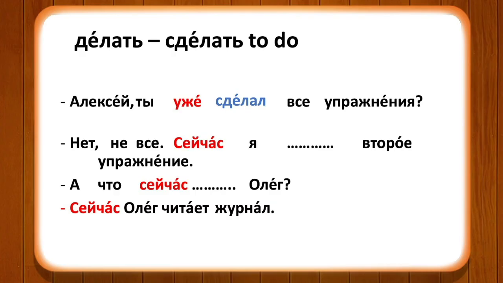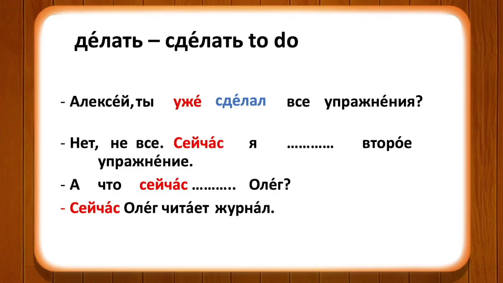Алексей is answering, нет, не все. No, not all. Сейчас я dash второе упражнение. Now here the adverb сейчас means now, which means an action that is going on at the moment, in progress right now.